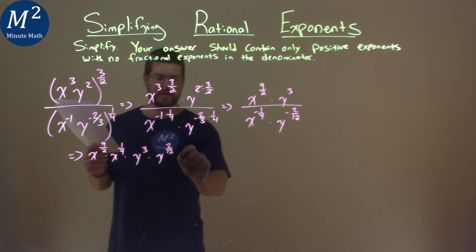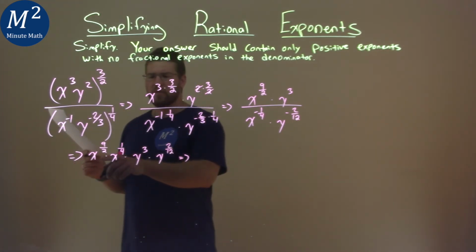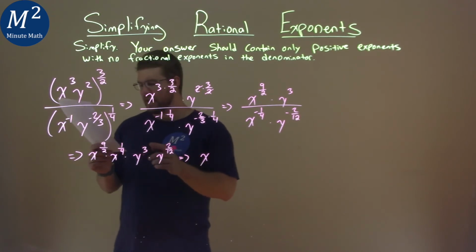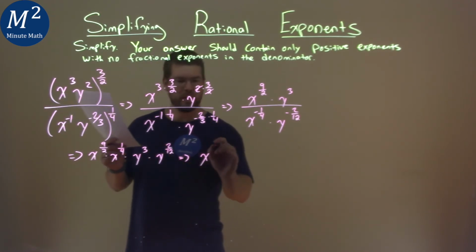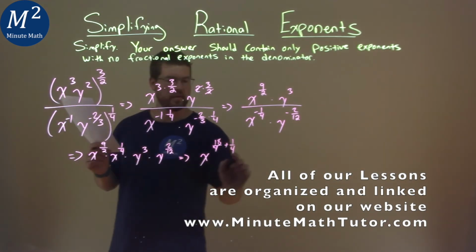Now we need to simplify this where we can. We want to find a common denominator. We're adding the fractions, so 9/2 and 1/4 is the same thing as 18/4 plus 1/4. Remember, we're adding the exponents.